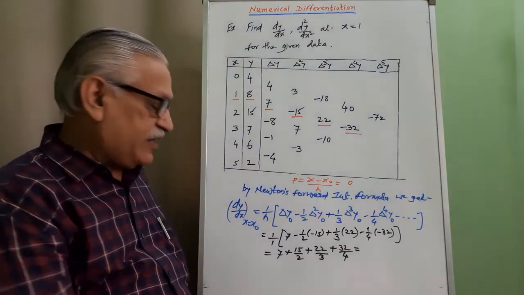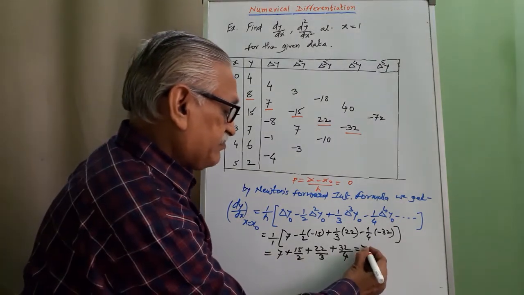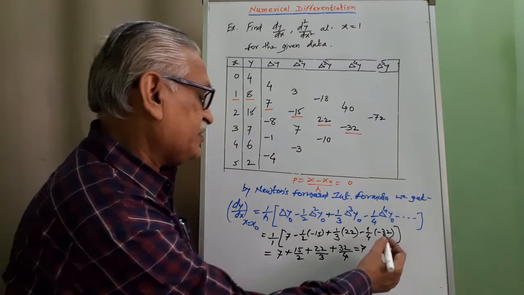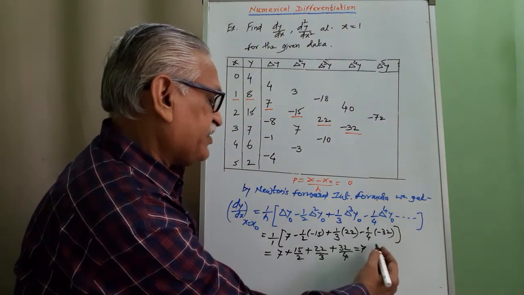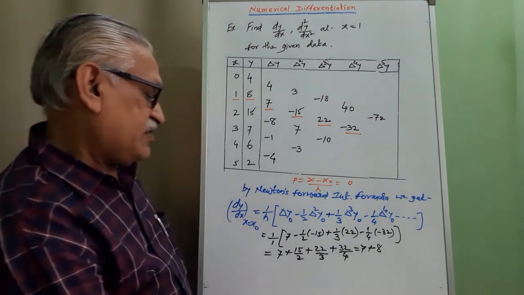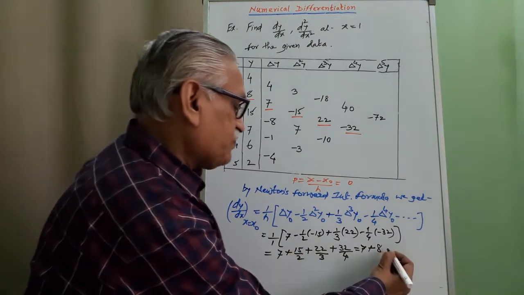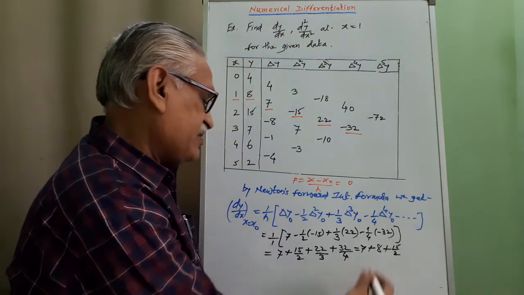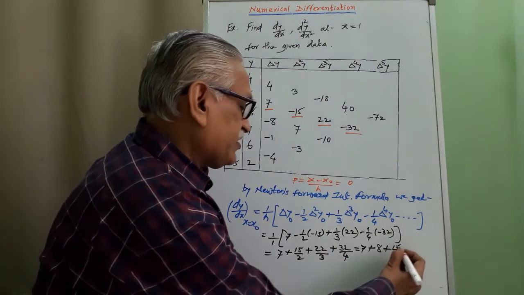We can simplify it further. This one is 7, 32 by 4 is 8, plus 8, then 15 by 2 plus, and plus 22 by 3.